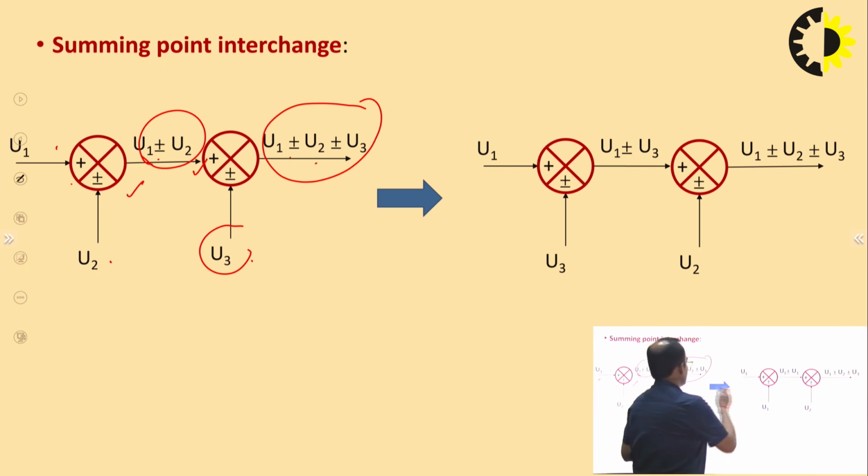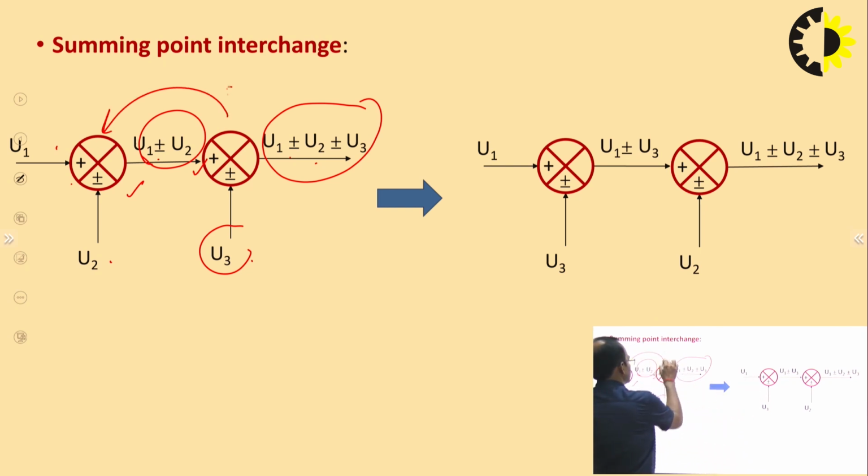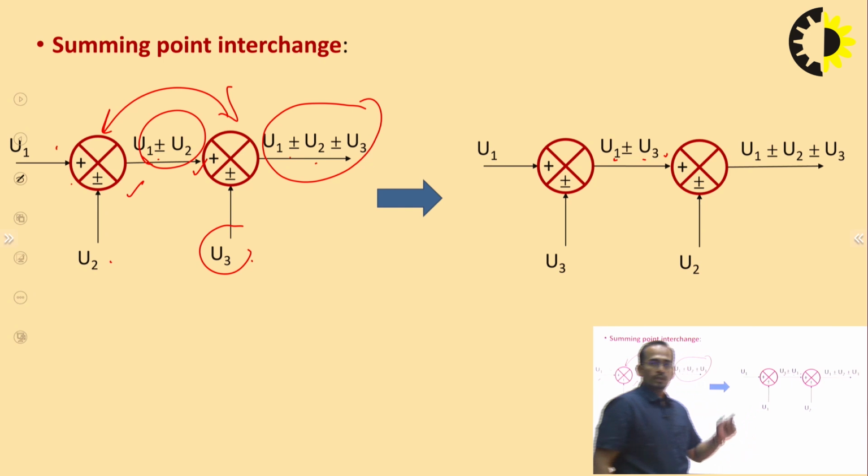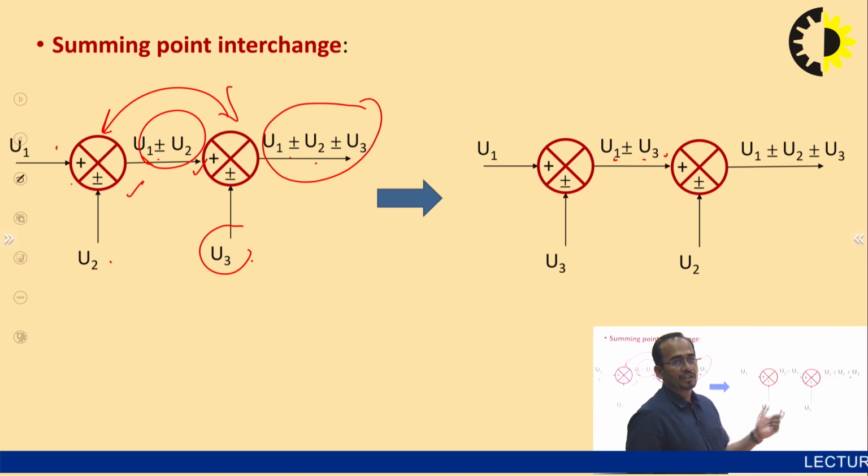I am shifting this u3 summing point towards u1 and this u2 towards the output. So, what will I get? u1 plus or minus u3, and then u1 plus or minus u3 plus or minus u2. So the output is the same if I interchange the summing points.